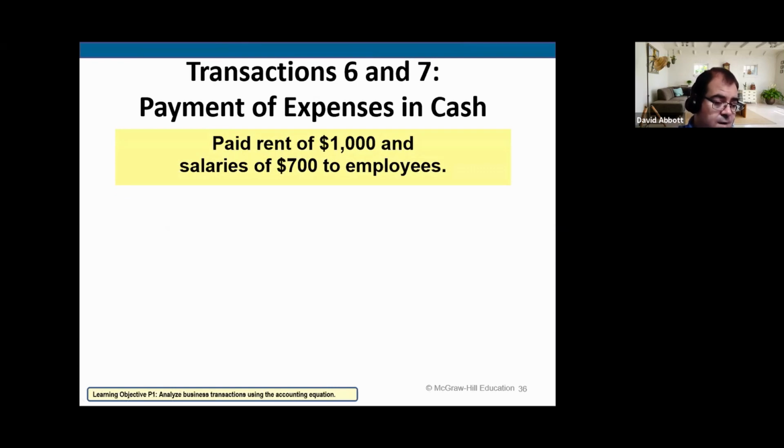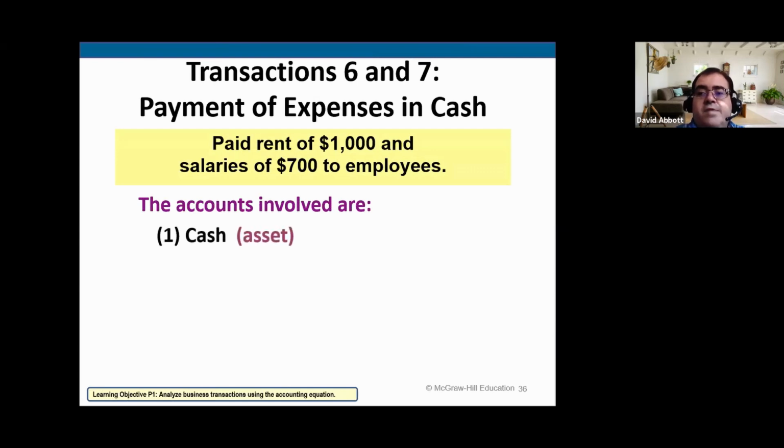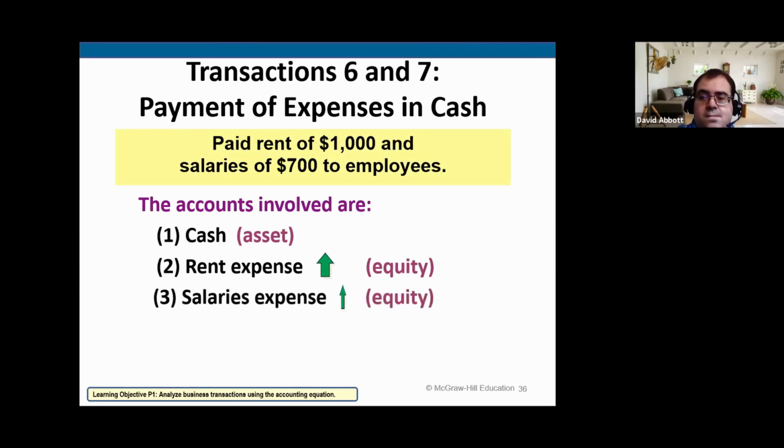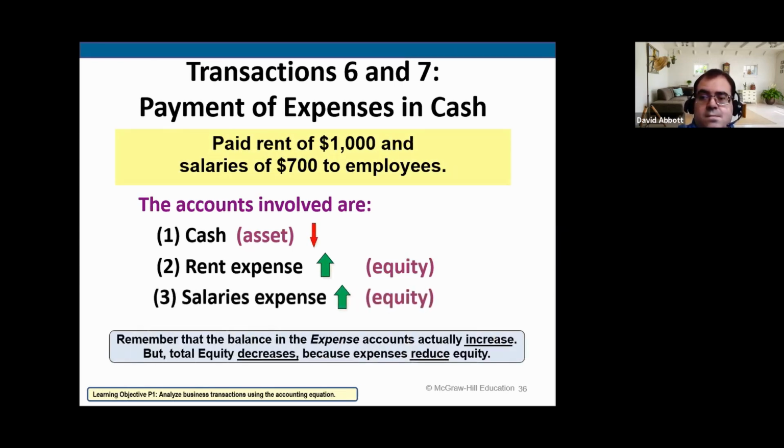Let's look at another one. This one gets a little bit trickier. We paid rent of $1,000 and we paid salaries of $700 to employees. Okay.